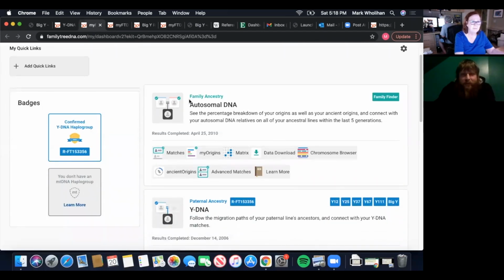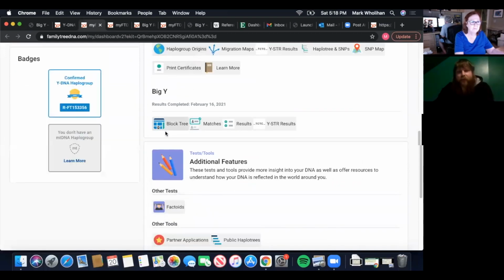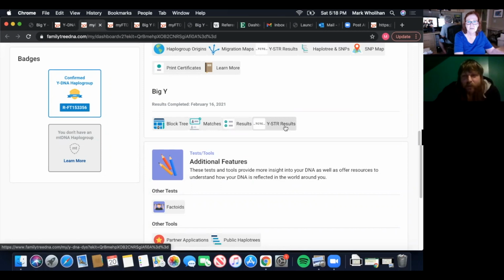All right. So you just have like 4 options here: the block tree, matches, results, and the YSTR results. So we just talked about the YSTR results. Now you have 700-ish.